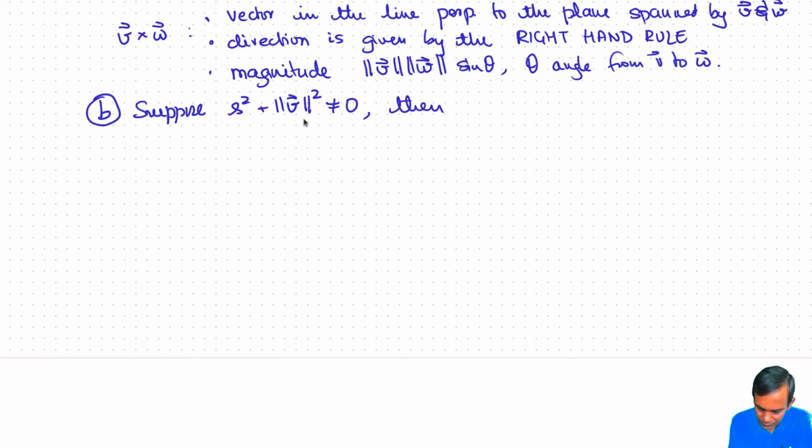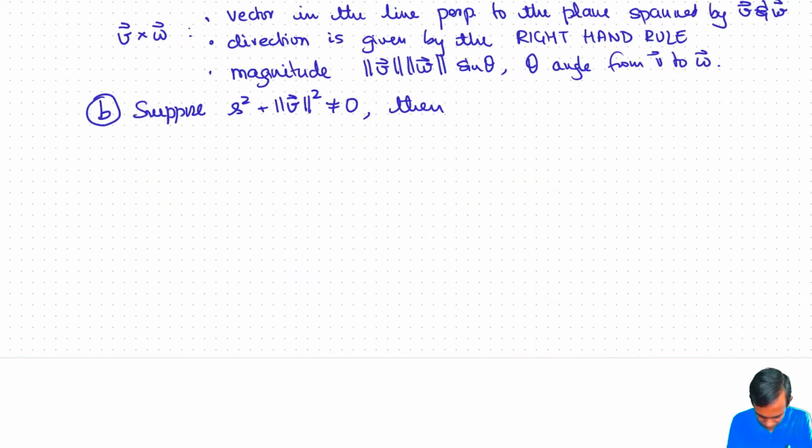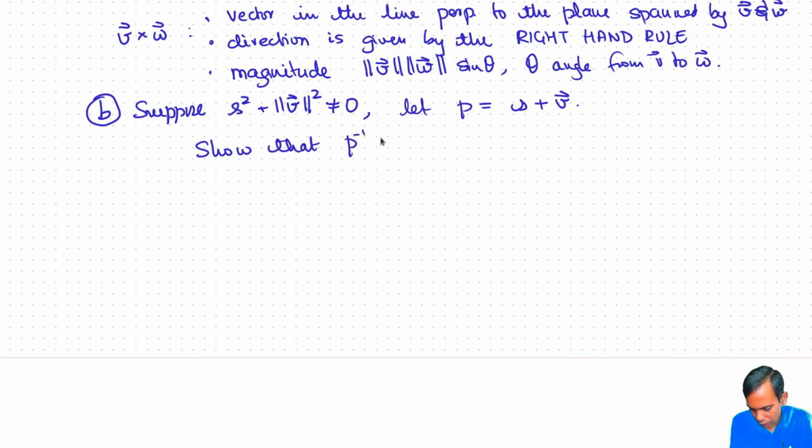Let P be the quaternion given by S times 1 plus V. Show that P inverse is equal to S minus V divided by S squared plus norm V squared.